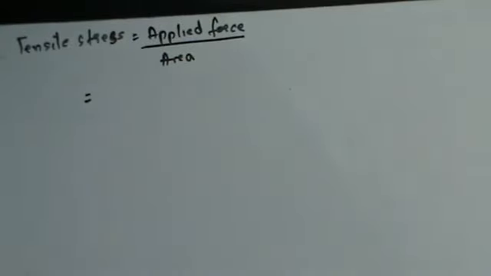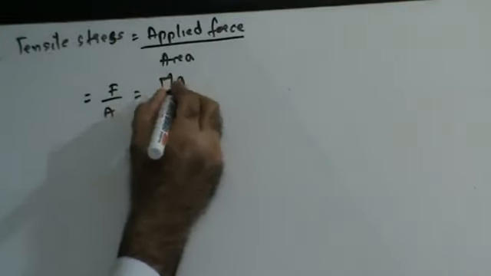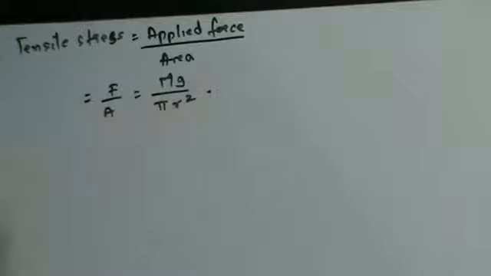Right? F upon A. F is nothing but mg. A is nothing but pi r square. Thus, tensile stress is mg upon pi r square.